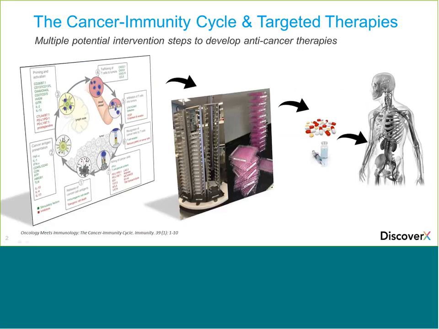Transitioning this body of work into a drug discovery process and then driving that to create safe and efficacious drugs to be utilized in humans is and remains quite challenging.